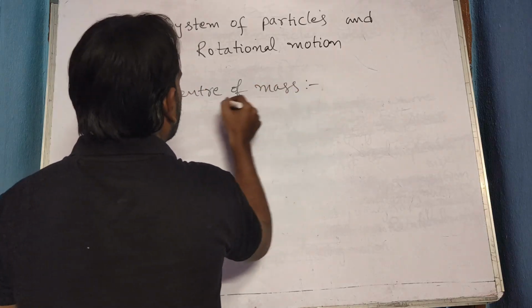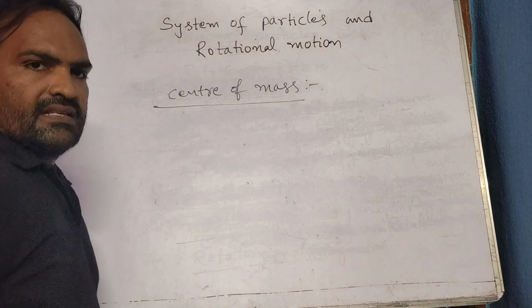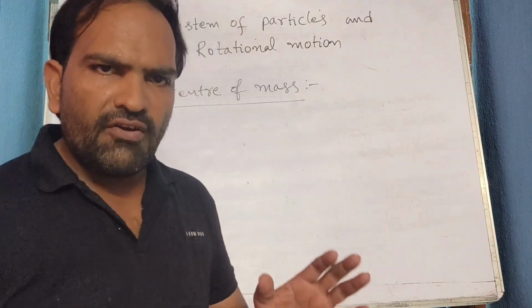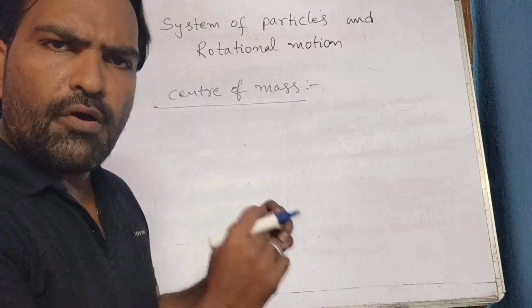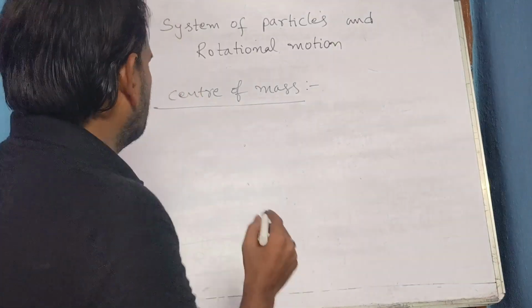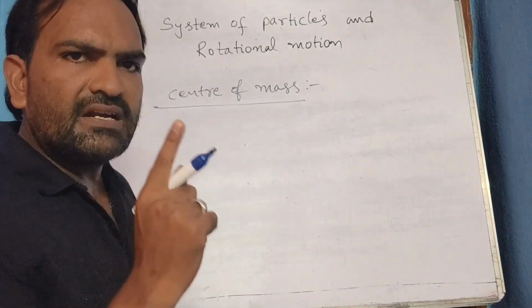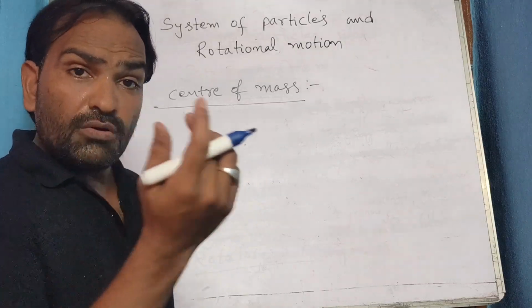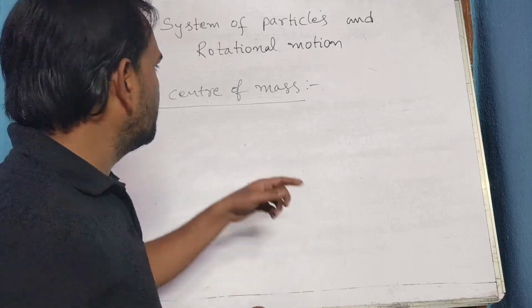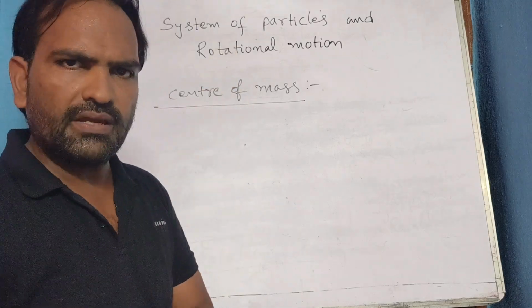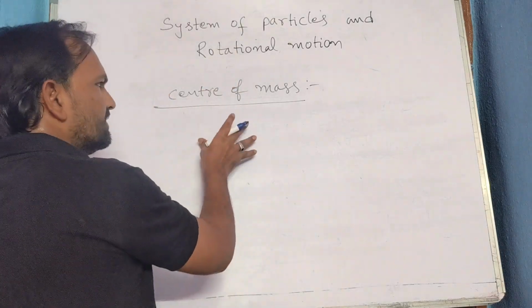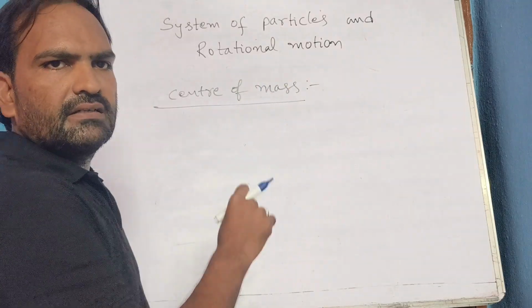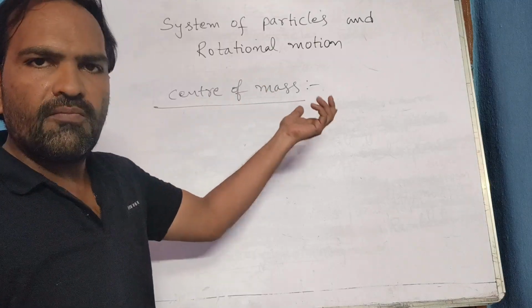The center of mass of the body is a point at which the total mass of the body is concentrated. That point is called the center of mass.